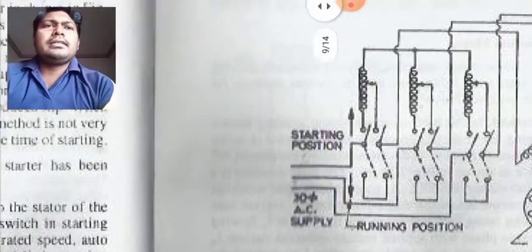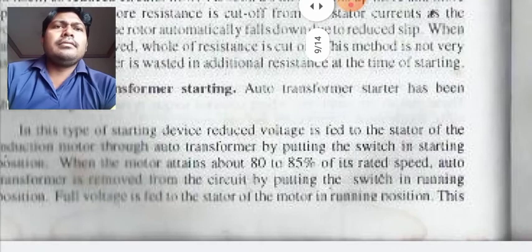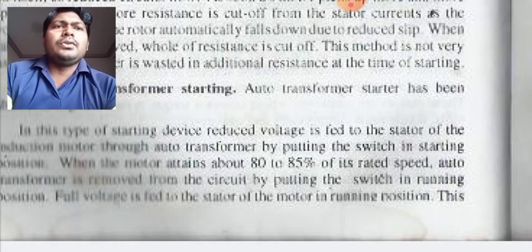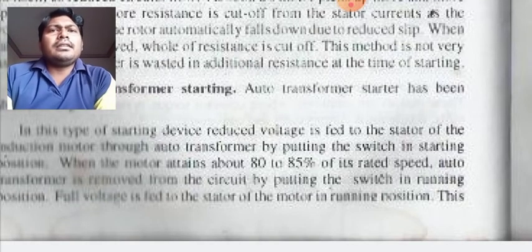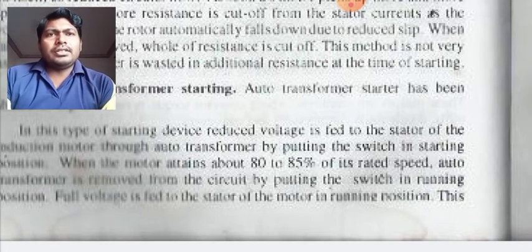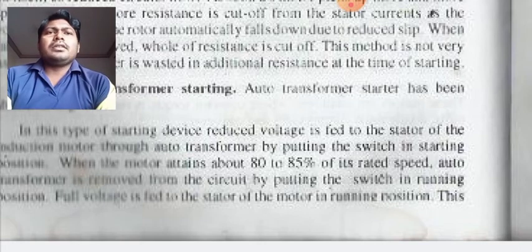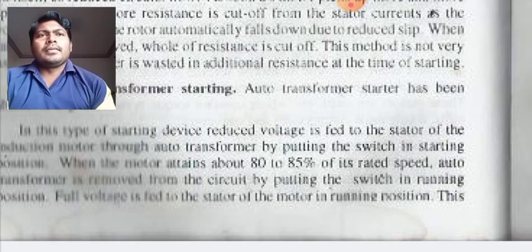Now let us check its theory. In this type of starting device, reduced voltage is fed to the stator of the induction motor through an auto transformer by putting the switch in the starting position. When the motor attains about 85% of rated speed, the auto transformer is removed from the circuit by putting the switch in the running position, and full voltage is fed to the stator in the normal position.